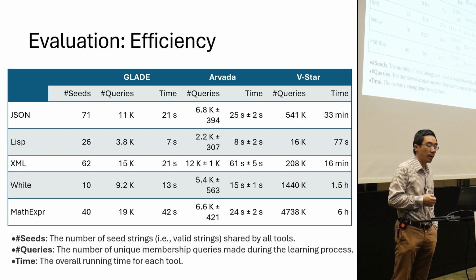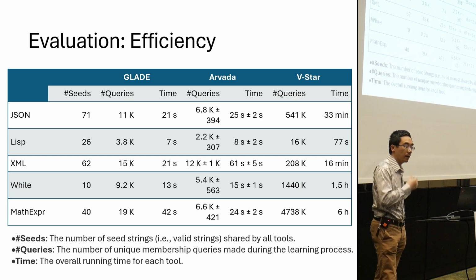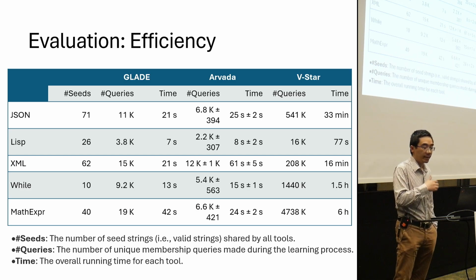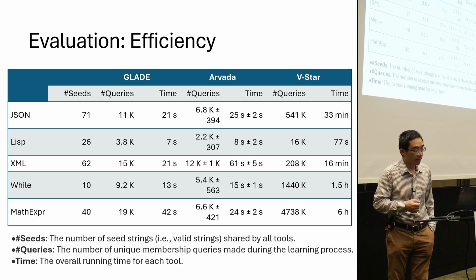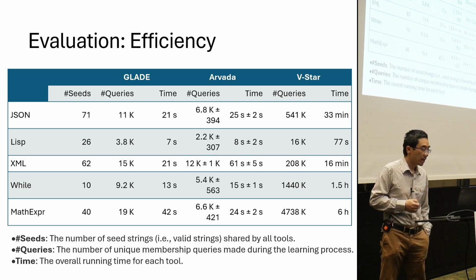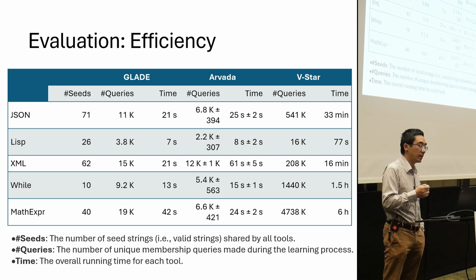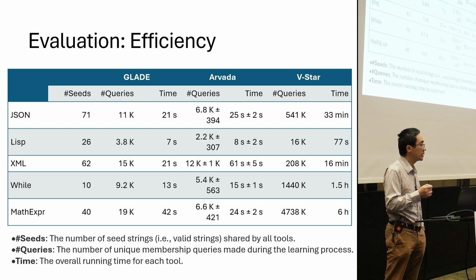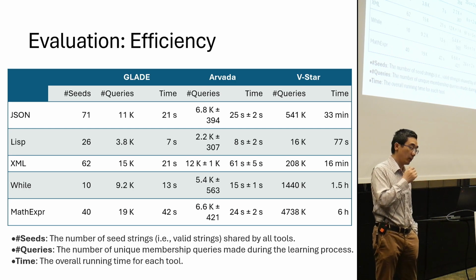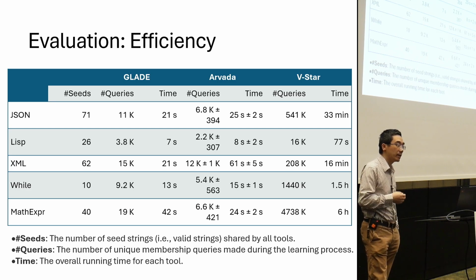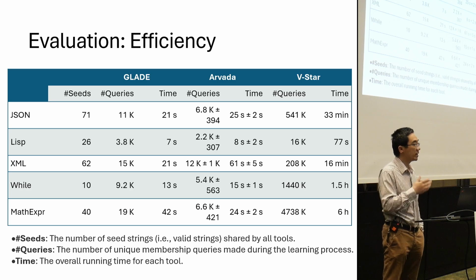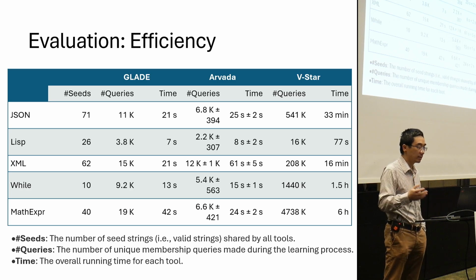And also in V-Star, we try to infer a partial tokenizer using membership queries, while Glade and Arvada relied on heuristics to tokenize the inputs. But in any case, there's clearly room for efficiency improvement for V-Star. We do note that in grammar inference evaluation, we think it's more important to evaluate accuracy than efficiency because in many practical situations, grammar inference can be done offline and just needs to be done once.